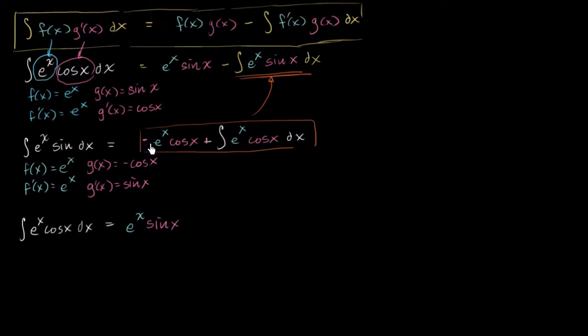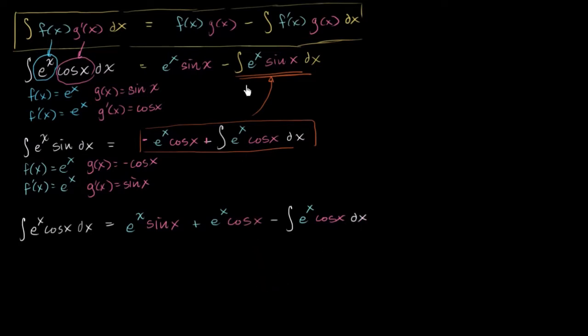If you subtract negative e to the x cosine of x, it's going to be positive e to the x cosine of x. And then remember, we're subtracting all of this, so then we have minus the antiderivative of e to the x cosine of x dx.